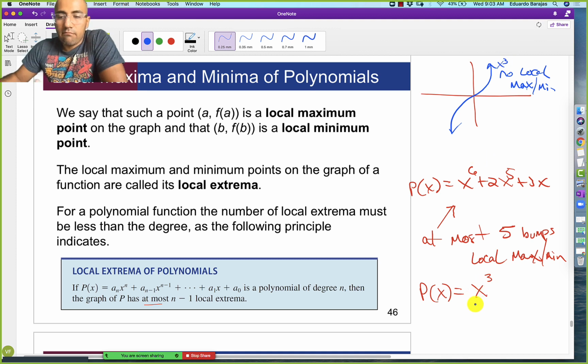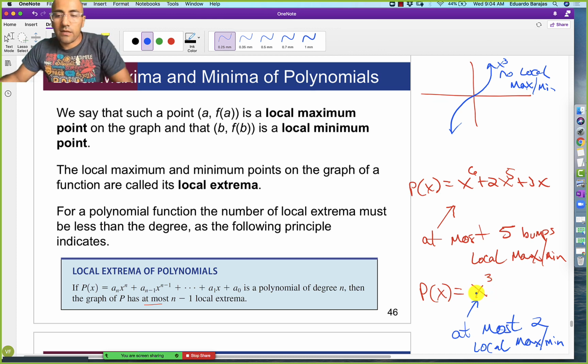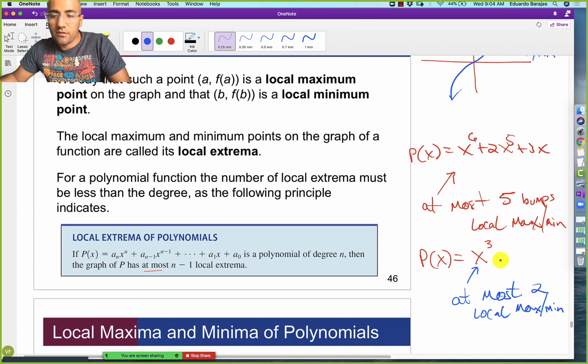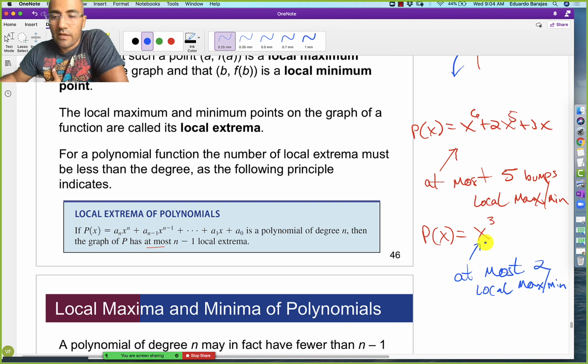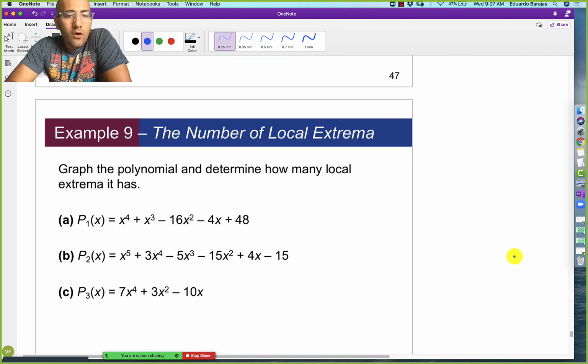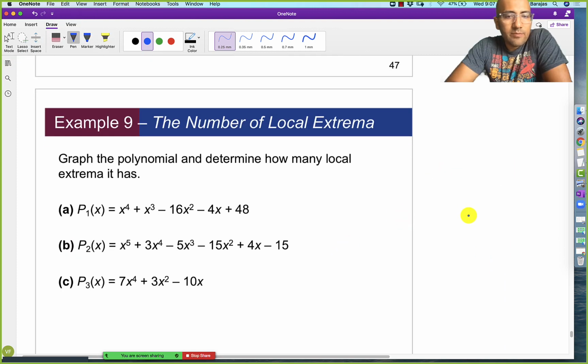So this is saying at most 2. That doesn't mean it has to have any at all. But if I didn't know the graph of this thing, I could definitely tell that there are not 3, or 4 or 5 or 6. There's at most 2.